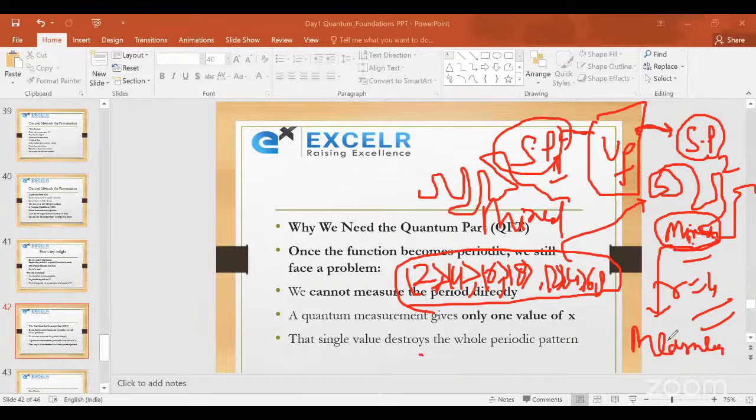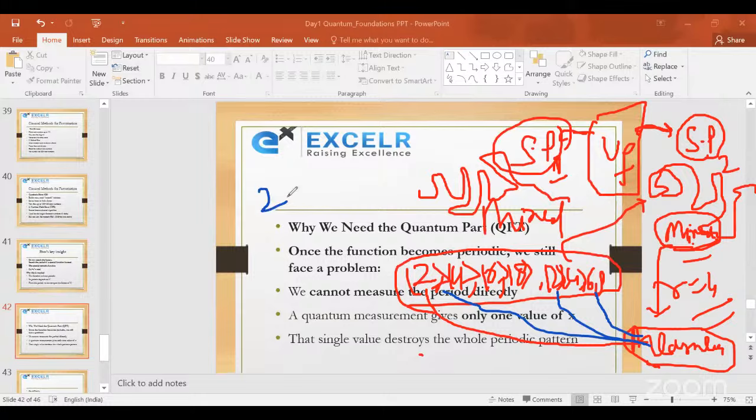Now, when we measure, there is one problem with quantum measurement: only any one point we will observe, either this, or this, or this. So we have 2, 4, 6, 8, then 2, 4, 6, 8.